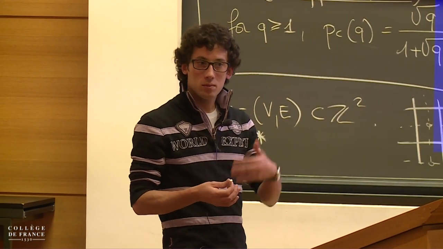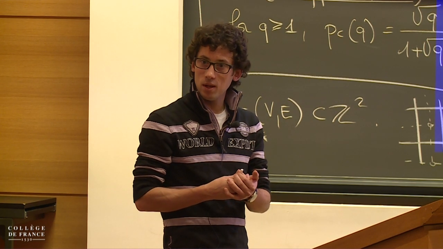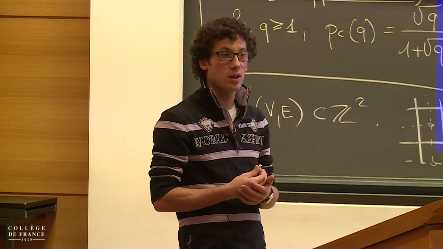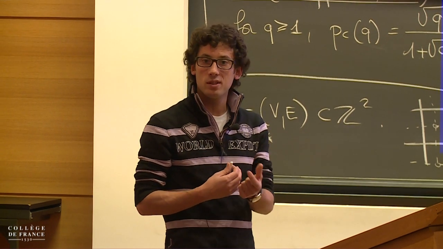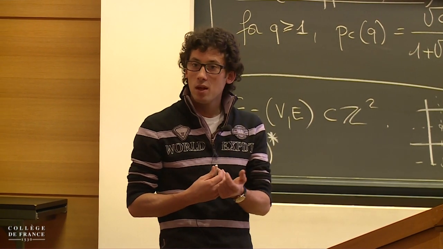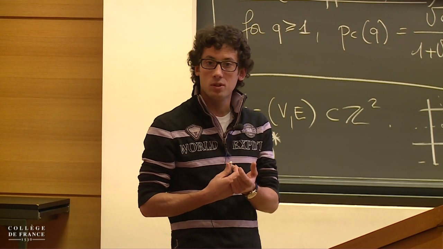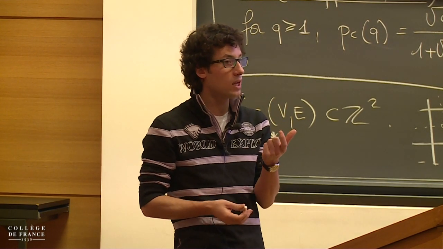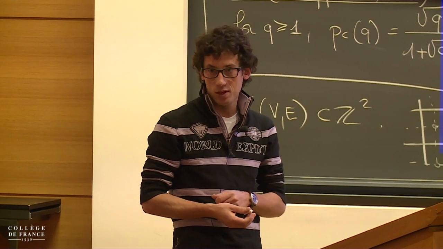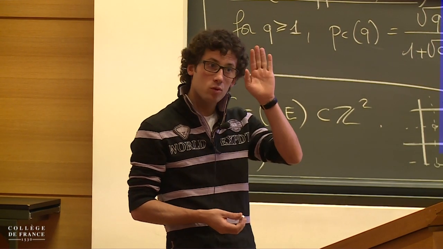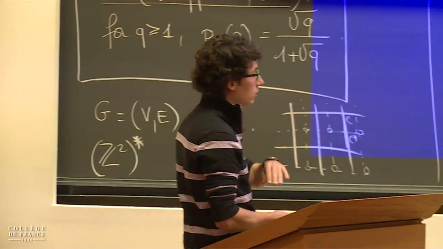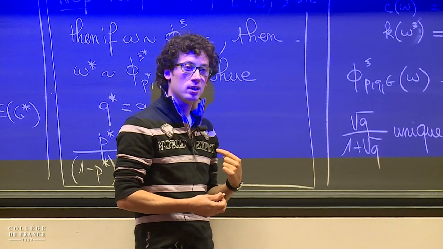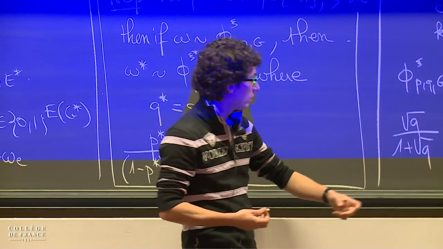And if you check the proof that I did for Bernoulli, basically it was using only translational invariance. At some point I used independence, but this independence can be replaced by just the finite energy property, the fact that if I condition on everything except the state of the edge, it still has a positive probability of being open. So you can check that the proof goes mutatis mutandis, there is nothing to change, and this gives you, for instance, that pc is larger or equal to this self-dual value.